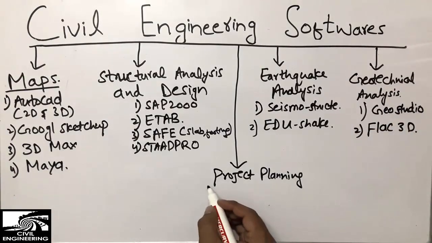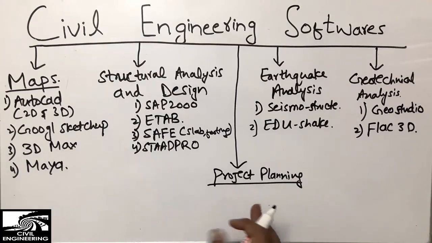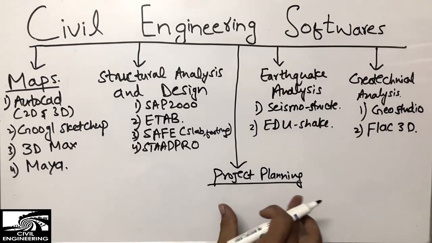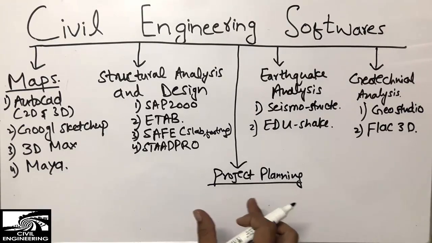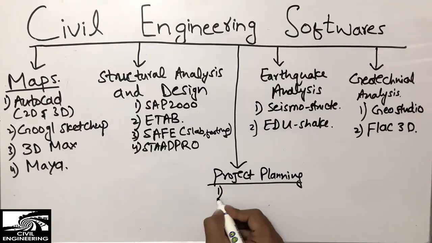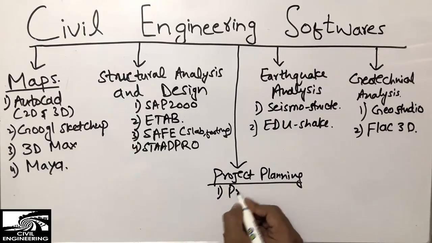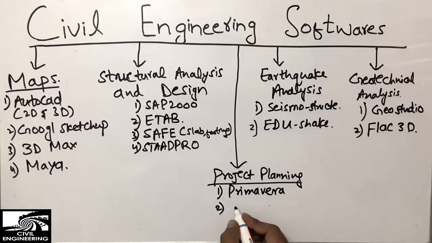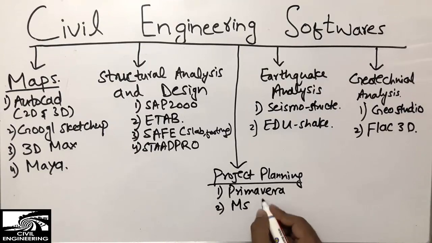And the other is project management. When you are going to commence any project, first you will need project planning and management. So this category includes two types of software which are commonly used: Primavera and MS Project, right?